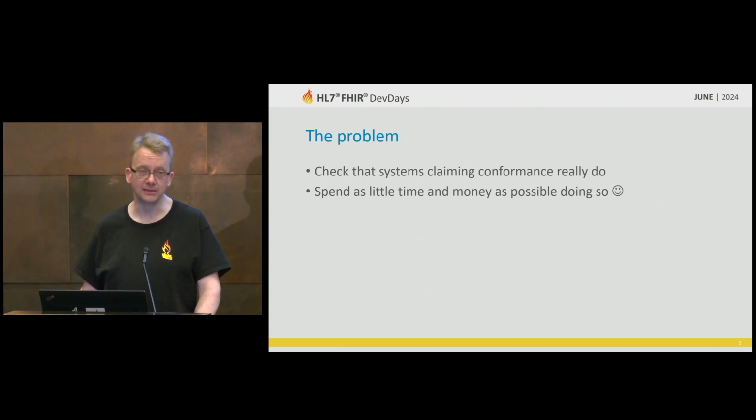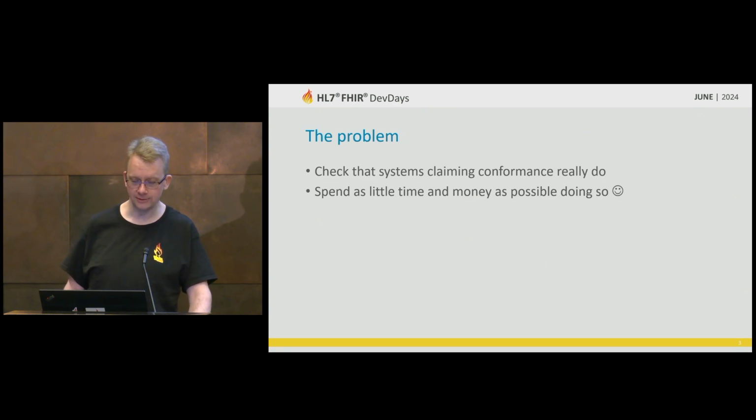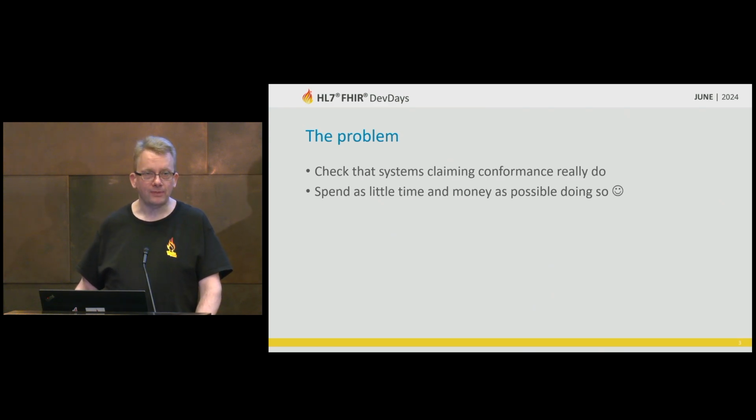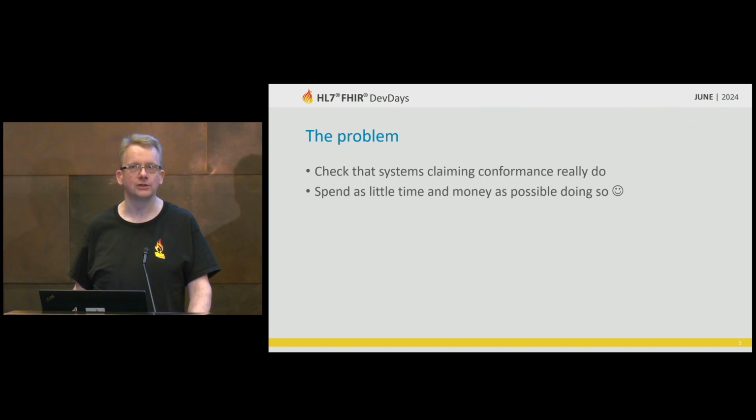I sometimes think that I comply with things and then get tested and realize, oh, maybe I don't know as much as I thought I did. And of course, we want to do all of those things efficiently. If we end up having to spend 10 times the money on writing the test cases as it took to write the implementation guide, we are not really very far ahead.